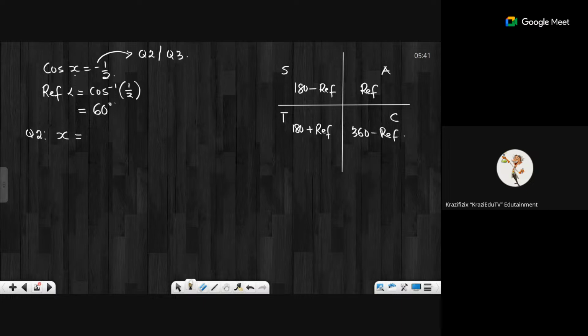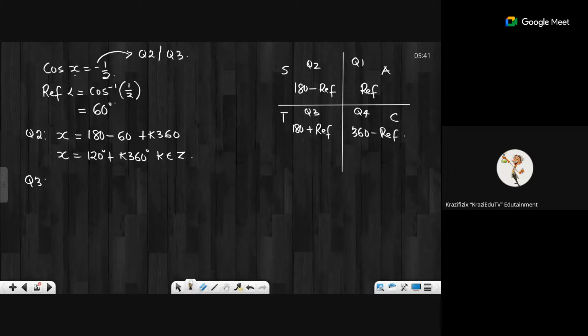What is the formula in quadrant number 2? It is 180 minus the reference angle. What's my reference angle? 60, plus k times 360. Let's solve. X equals 120 degrees plus k times 360 degrees, k is an element of integers.